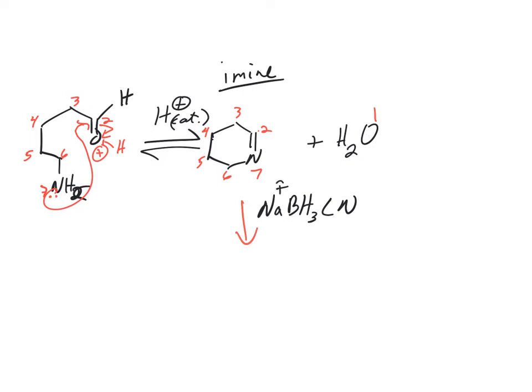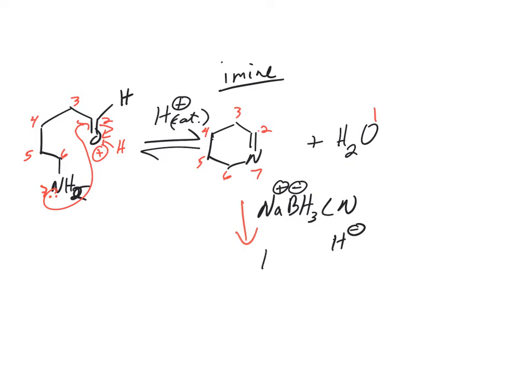You put a plus there, a minus there. And so instead of sodium borohydride, it's sodium cyanoborohydride. Whatever. It's like H minus. It's going to do reductions. So how is it going to react with an amine? It's going to be a little different.